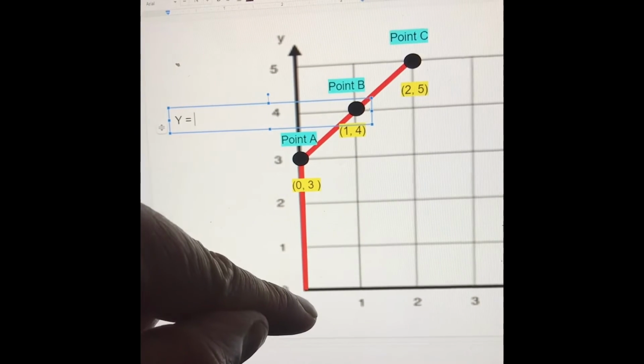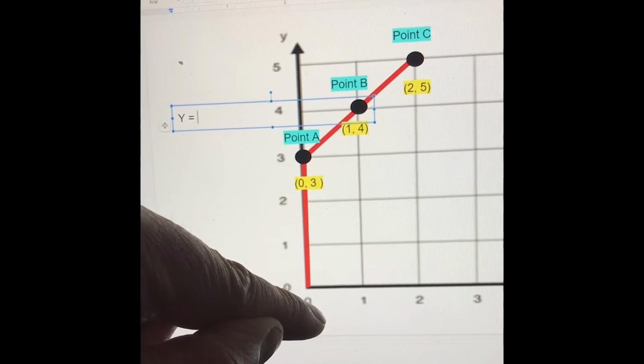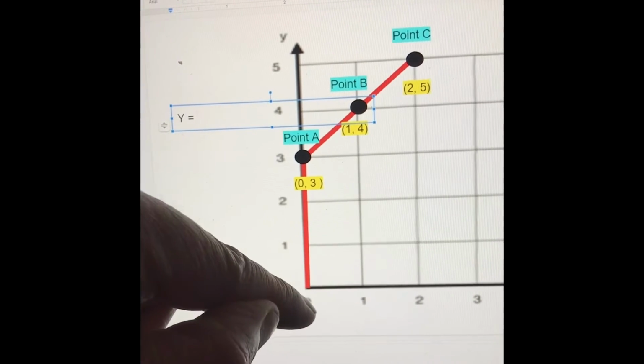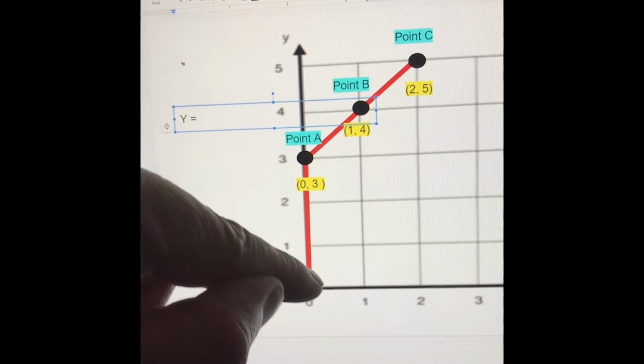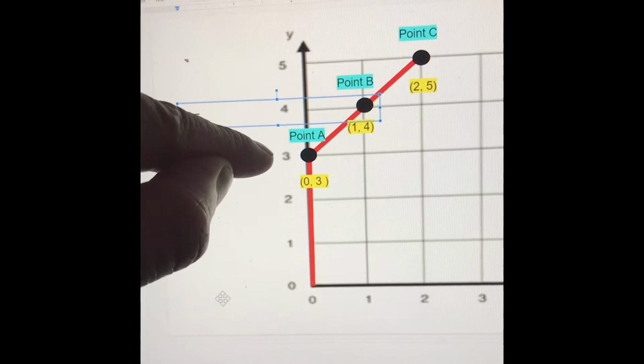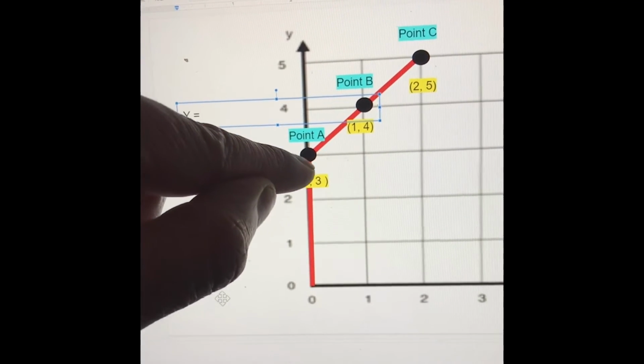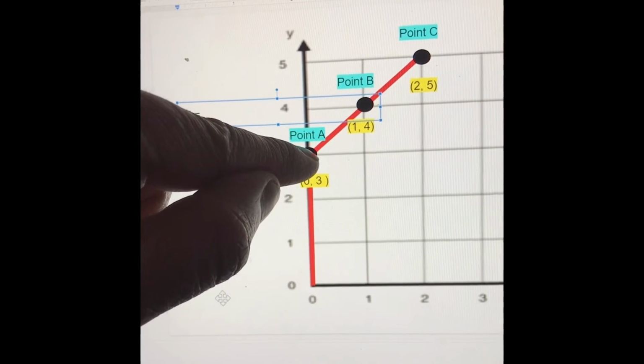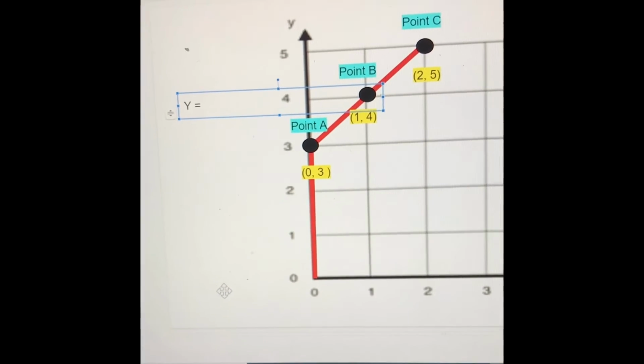If you look at point A, the x-axis remains at 0 as the y-axis continues going up. 1, 2, 3. So for point A, there's a 3 on the y-axis and x-axis remains at 0.